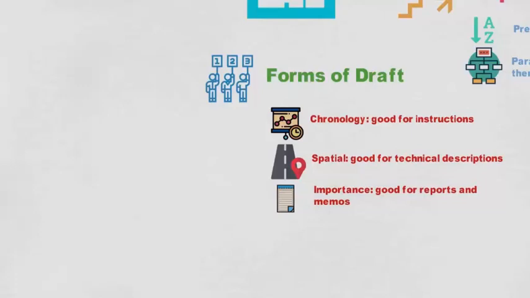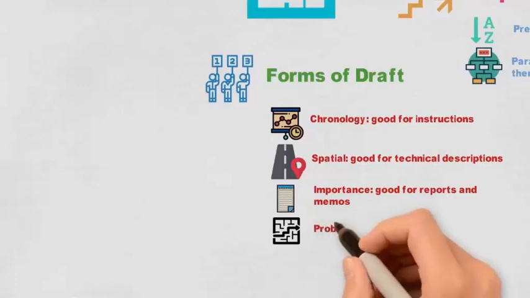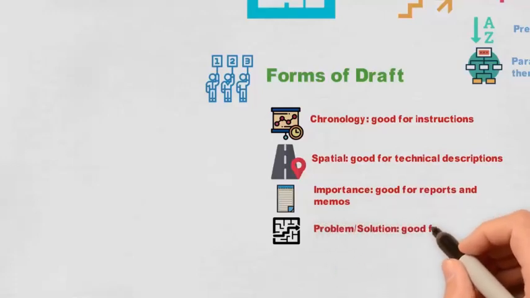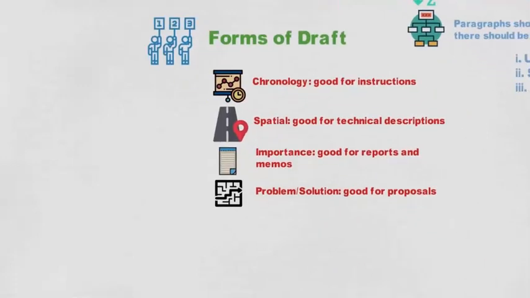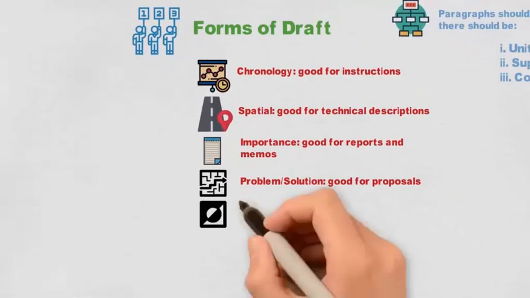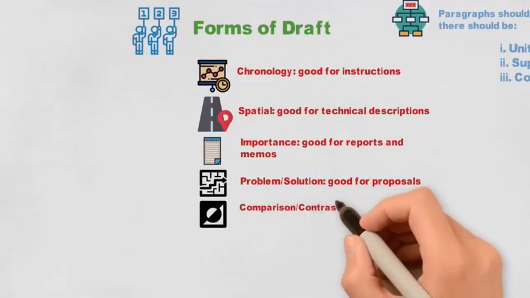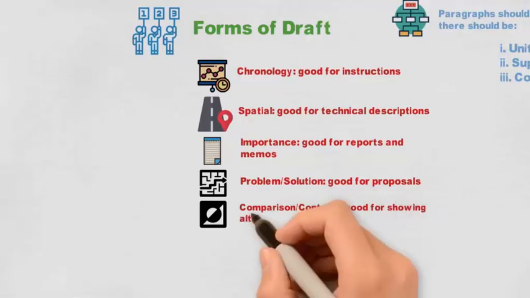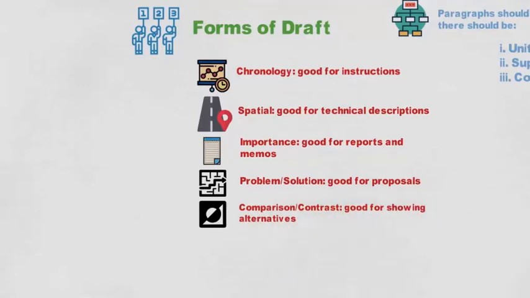This organizes information according to importance. The above organization types are also different forms of a draft. In another form of a draft, you can analyze a problem, make a proposal, and give its suggested solution. For showing alternatives, you opt for what's called comparison or contrast as a method for organizing your content.